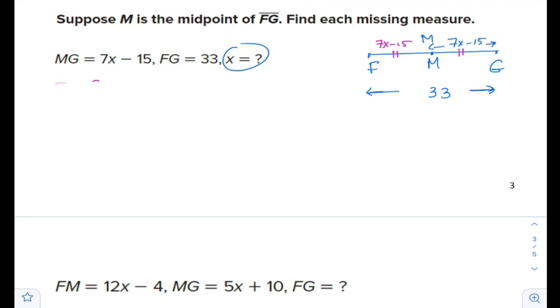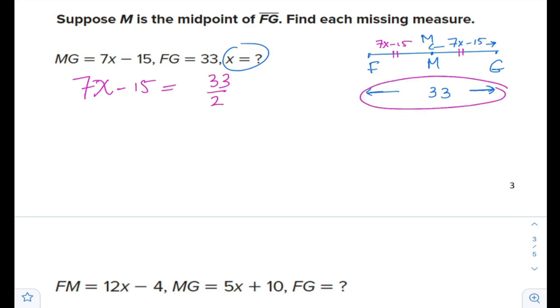We can also say that 7x minus 15 is equal to 33 divided by 2. Because the whole segment is 33, each part will be 33 divided by 2. So 33 divided by 2 is 16.5. So we can say 7x minus 15 is 16.5.